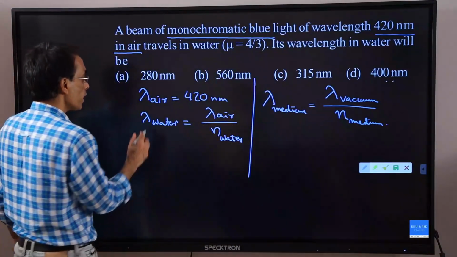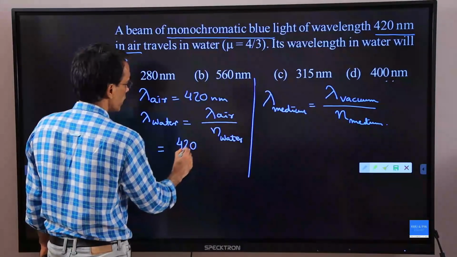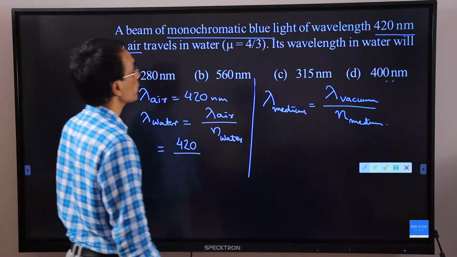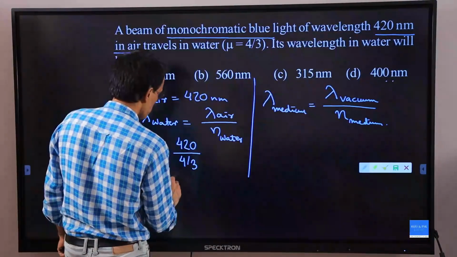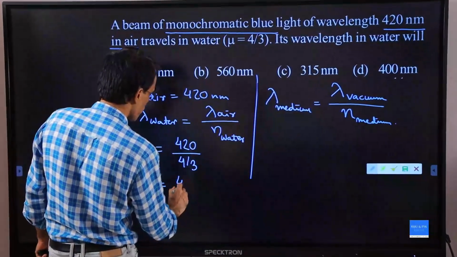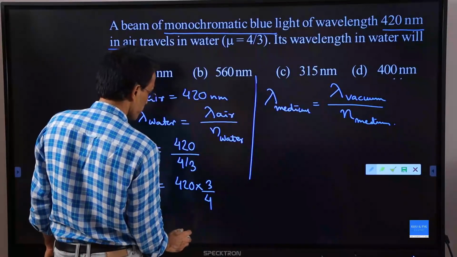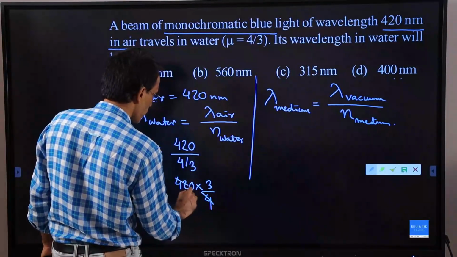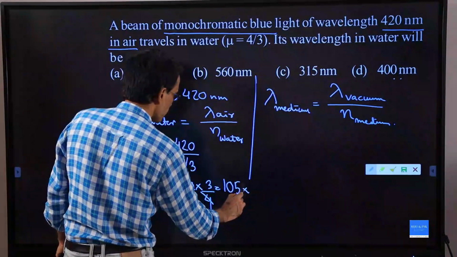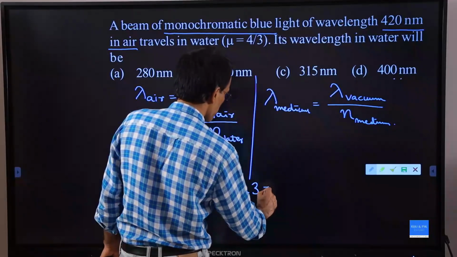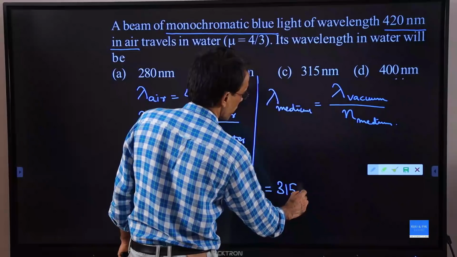So here lambda in water is required, lambda in air is given as 420, divided by the refractive index of water, which is given as 4 divided by 3. So this gives you 420 into 3 by 4. And you can see 4 will go in 120 how many times? 105 times into 3. So your answer must be 315, the unit is the same, nanometer.